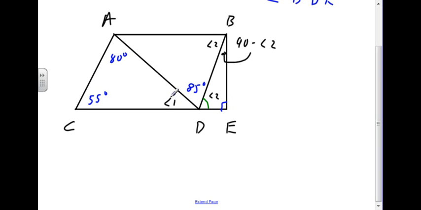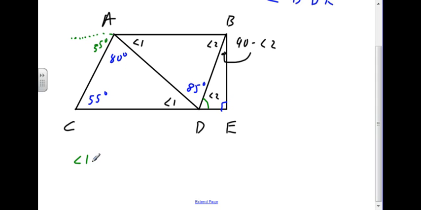Now this angle 1 is the same as this angle 1. We're going to extend this line out that way. This is 55 degrees because that's alternate interior angles. So now I can come up with what angle 1 is, because this is a straight line.